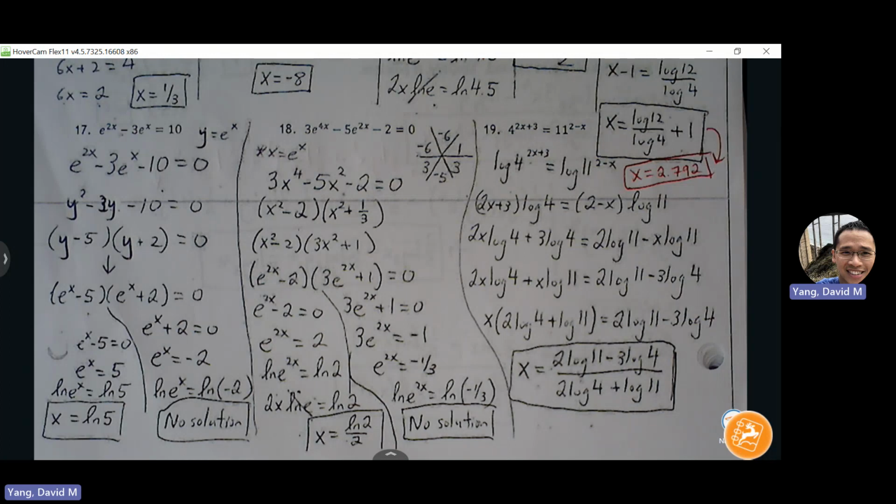That's my answer, simplified. But still, the big idea here is we're just trying to get x by itself. Whatever way we can get x by itself, so I distribute everything through, so I can have an easier time moving things around, and then I'm just going to rearrange, get the x's on the same side, get the constants on the other side, factor out the x and divide over.